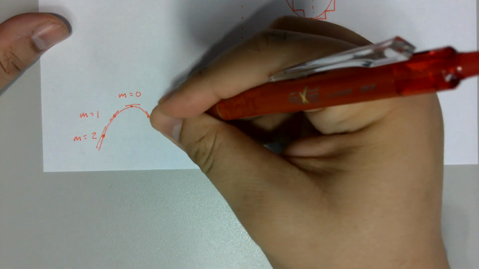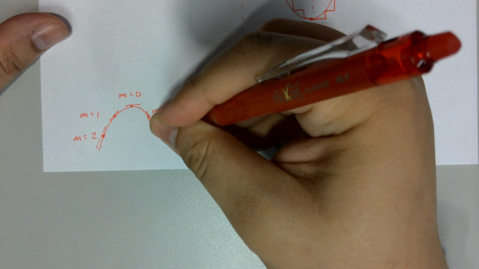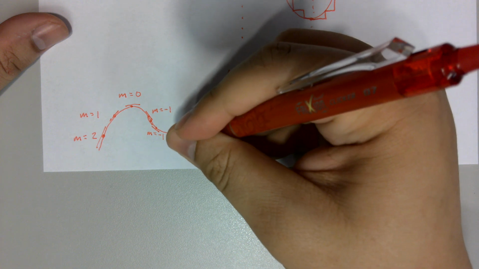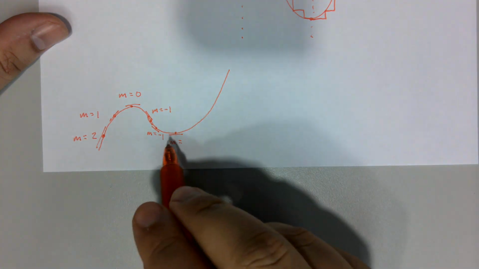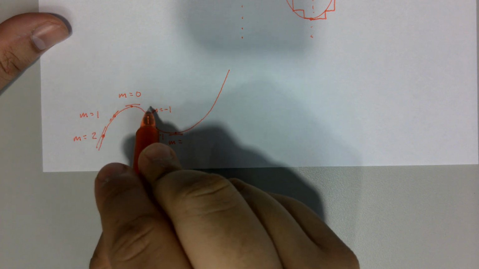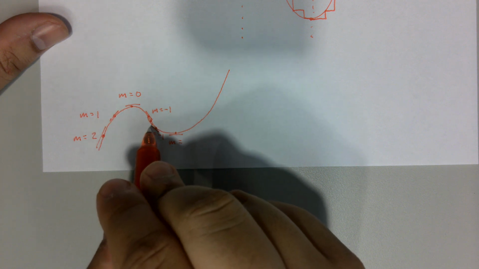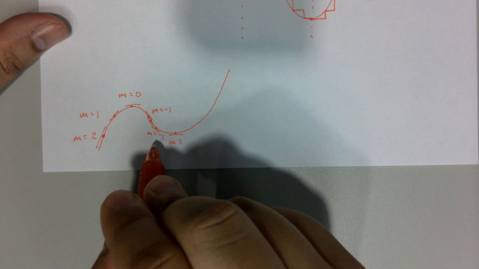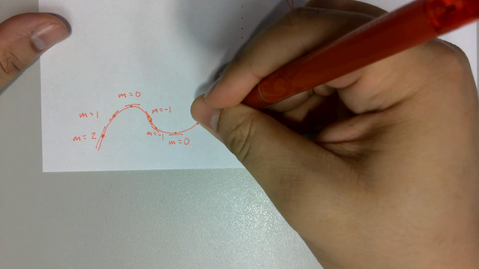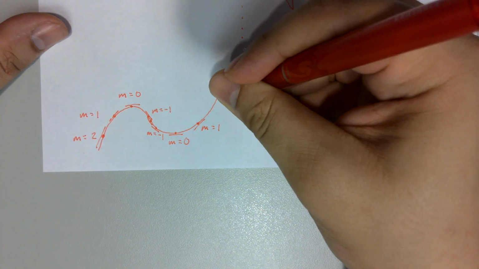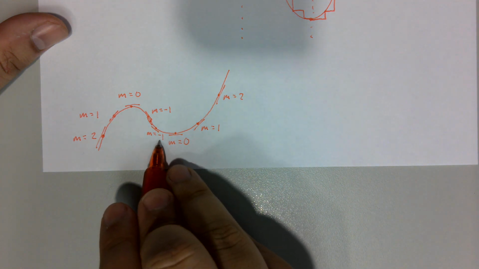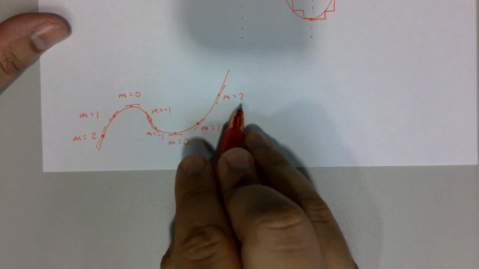And then, at some point, right around here, the slope starts going in the opposite direction. It starts increasing. So over here, the slope was decreasing. We went from 2 to 1 to 0, negative 1. And then around right here, the slope starts at negative 1 again, but then it goes to flat, m equals 0, m is equal to 1, m is equal to 2. Our slopes start increasing right here. We have negative 1 to 0 to 1 to 2.